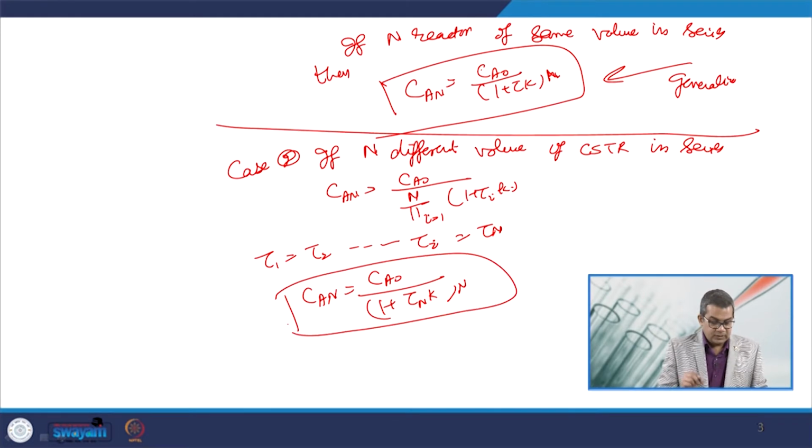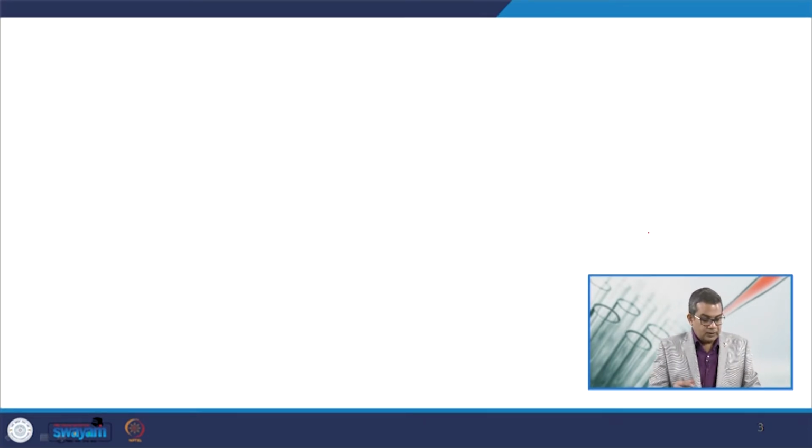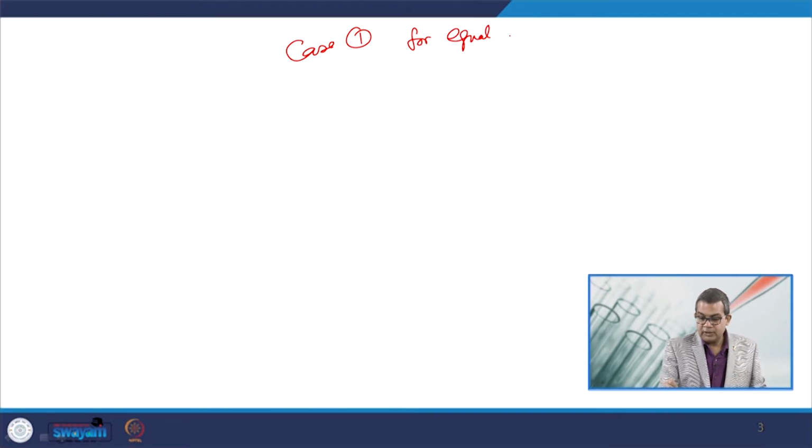Now this is again one of the more generalized equations. Now if we take case 1 again for equal volume MFR, then it can become C_An = C_A0 upon (1 + tau k) to the power n.